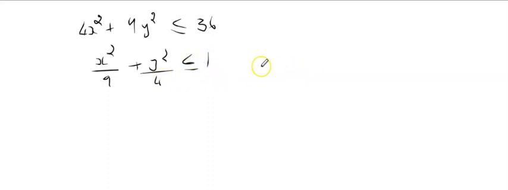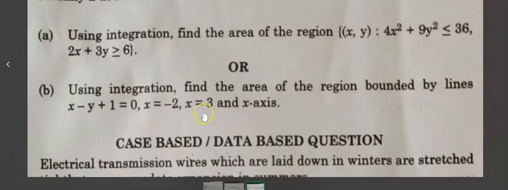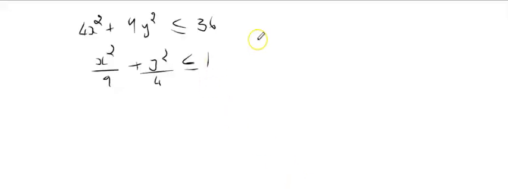When I make it an equation, I get the equation of an ellipse. And the other equation is the line 2x plus 3y is greater than or equal to 6.